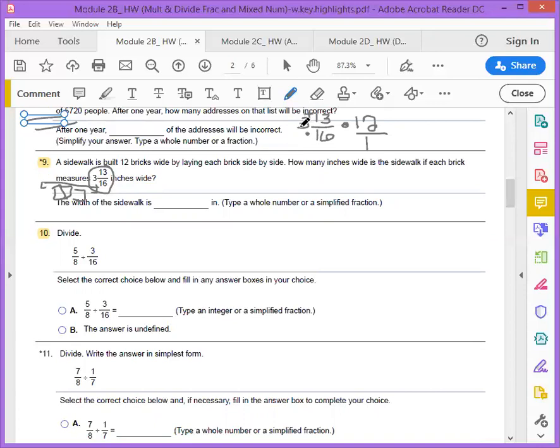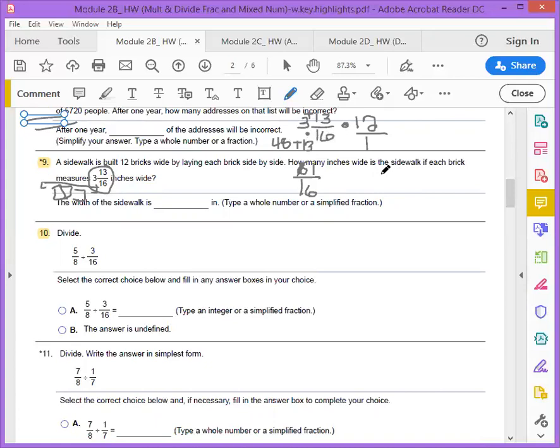So we're multiplying 3 times 16, which gives us 48, plus 13. And 48 plus 13 becomes 61 in the numerator. The denominator stays the same, so the denominator remains 16.